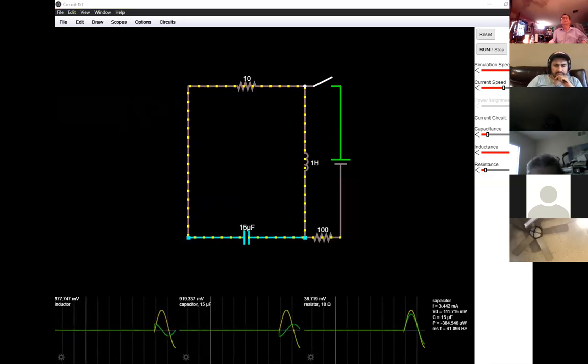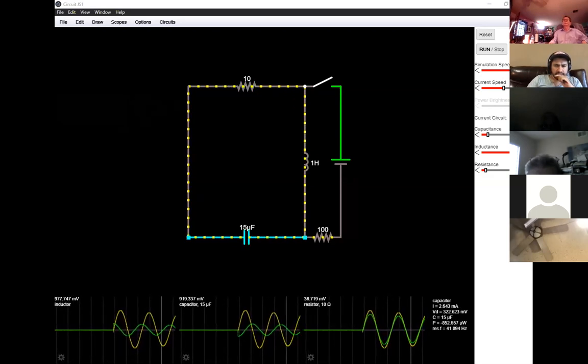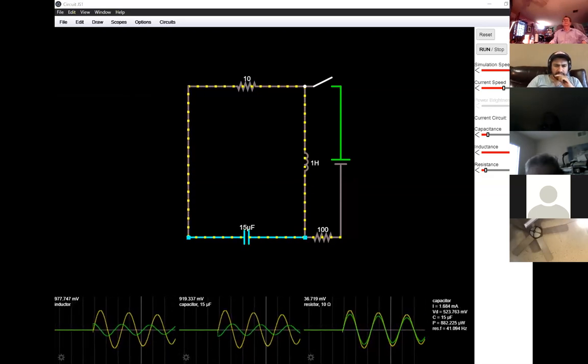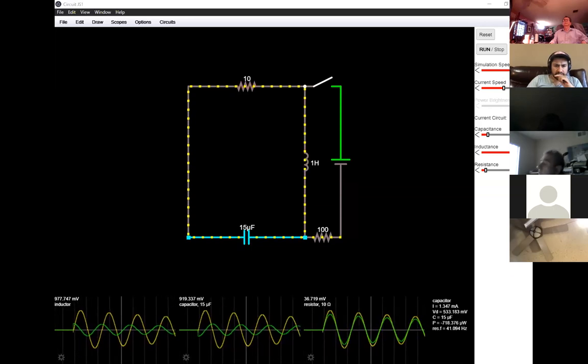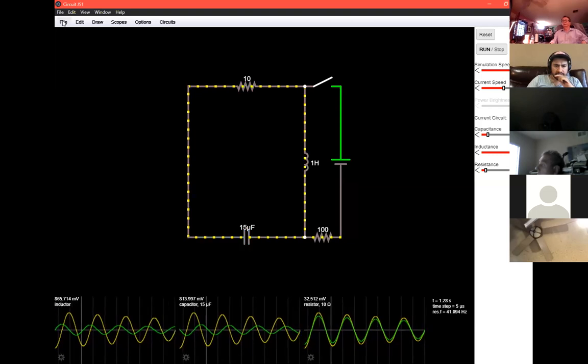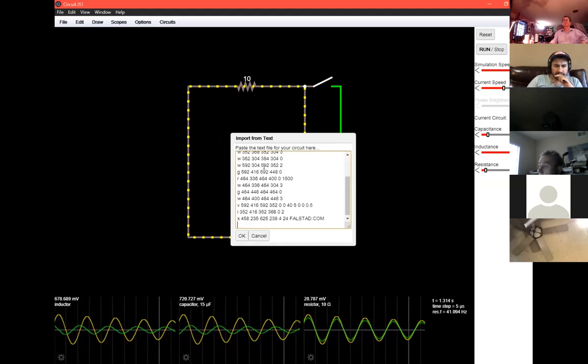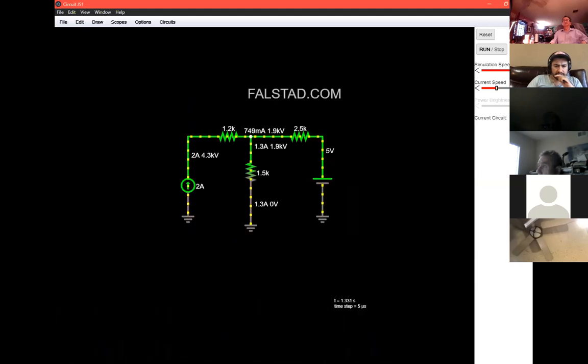Hold on a second. I'm importing a file, better work. All right, there you go. So the text files work. You just have to make sure you save your schematics.